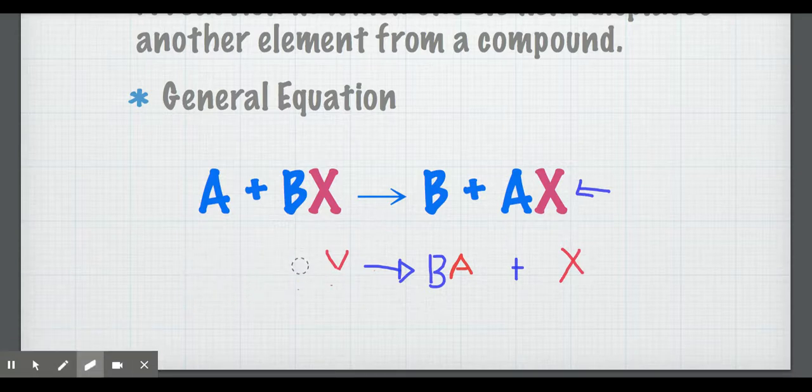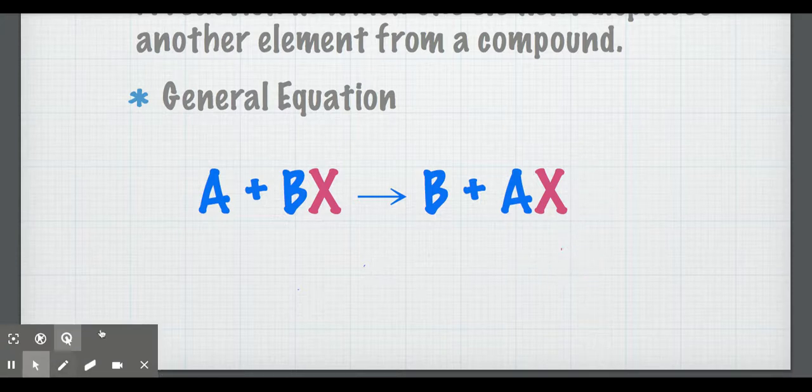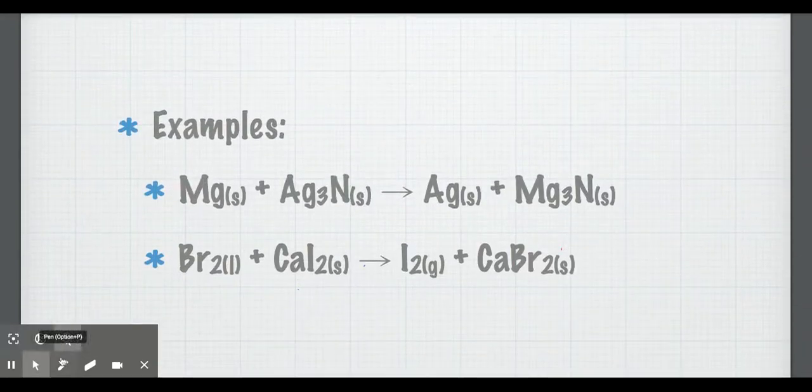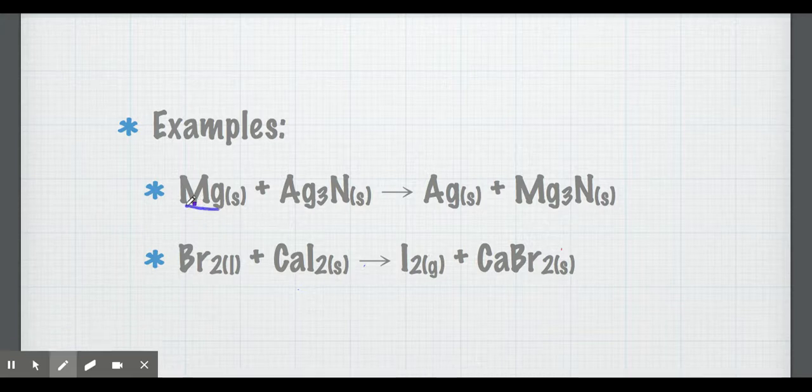So let's take a look at some of our examples. And let's see if we can figure this out. So single displacement reactions. I'm going to help you underline a little bit. I'm going to help you color code. So we actually have a single element on this side, and we have a single element on this side, and we have a compound, and we have a compound.